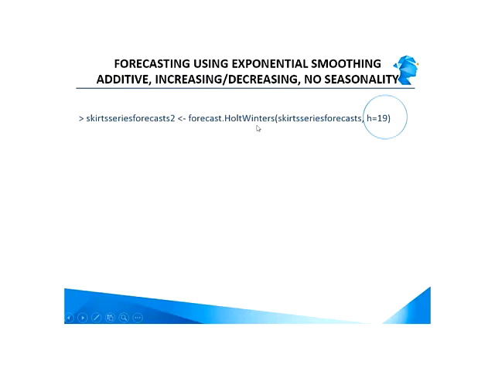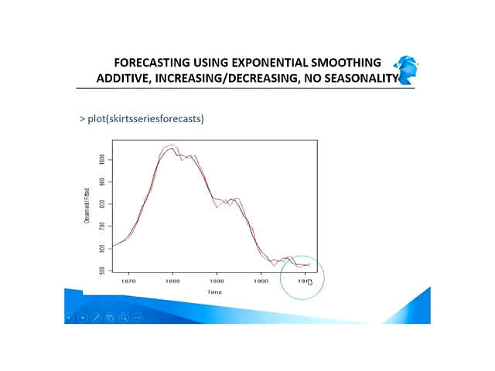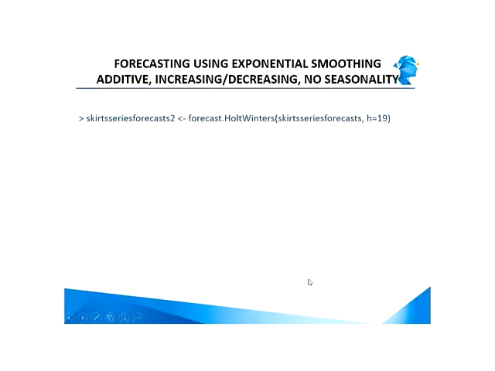This h tells the forecast function to forecast for 19 more years beyond the actual data. The actual data ended in 1910, so the forecast function is going to forecast for 19 years beyond 1910. And we stored these out of sample forecasts in skirt series forecasts 2.